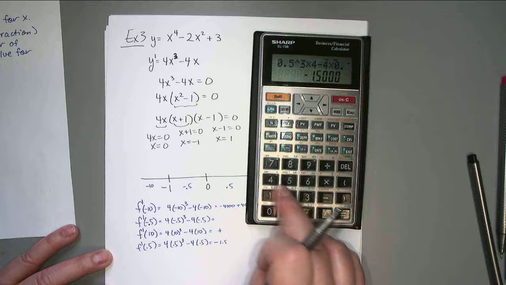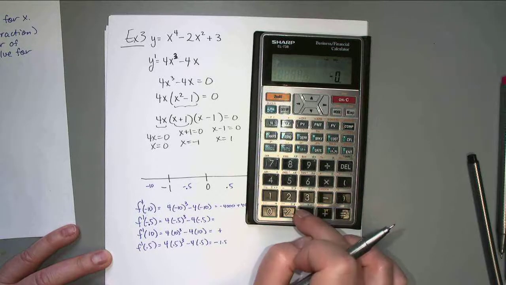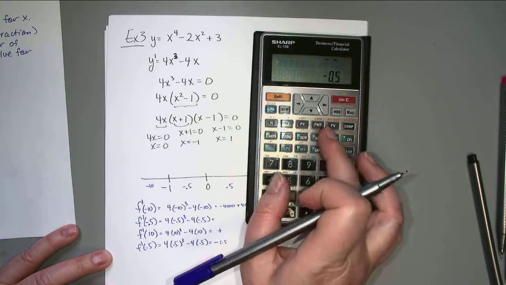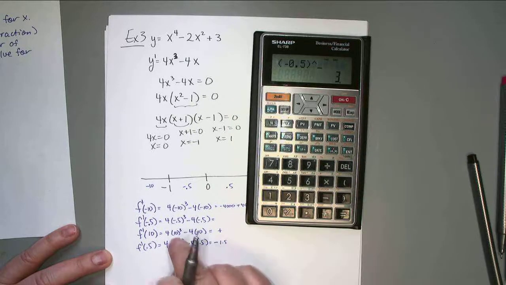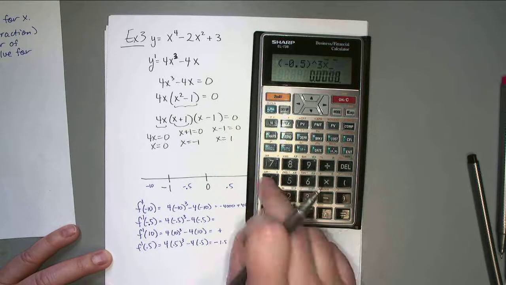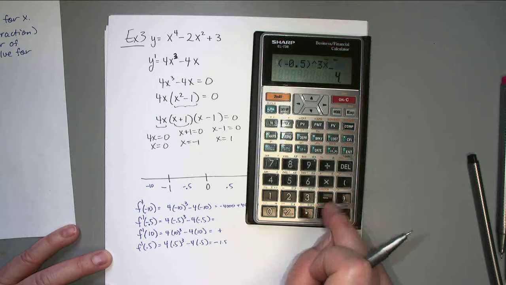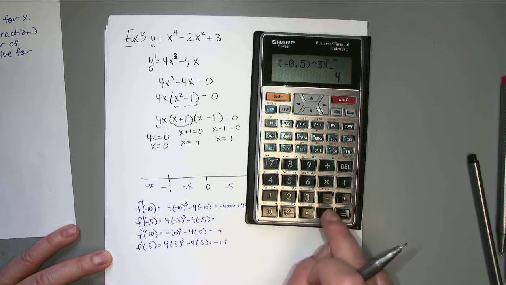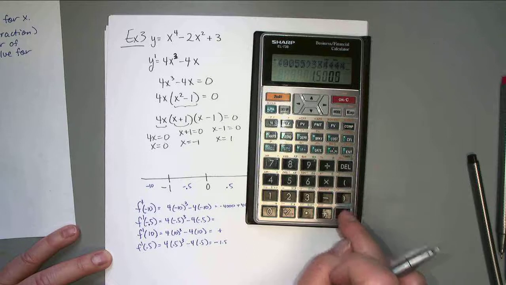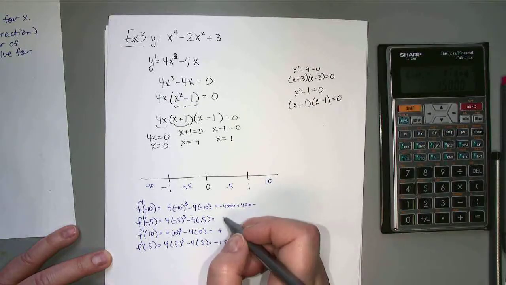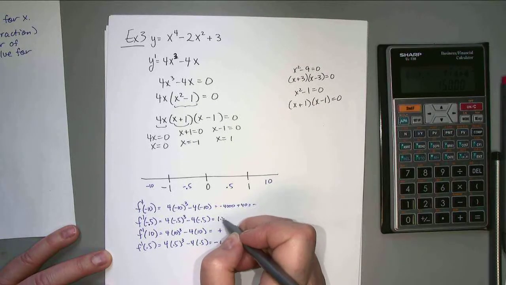The other one, negative 0.5 cubed times 4, and that minus and a minus is a plus, 4 times 0.5. So just carefully putting them in your calculator, that gives me a plus.